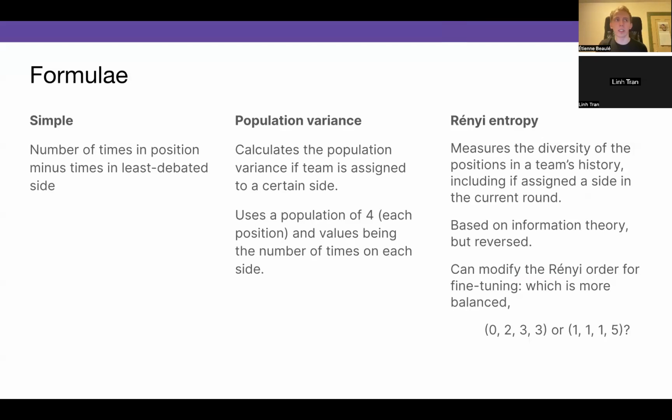If we were to allocate that same team to OG again, we'd have 5, 0, and some other numbers, so the variation is quite high if we put them there, and the variation would be reduced if we put them in OO.